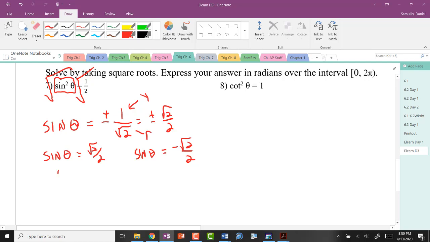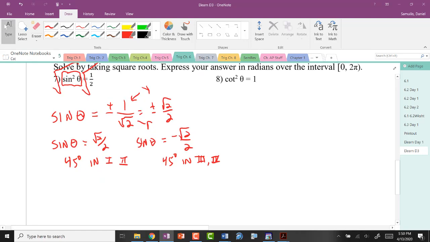So this one tells me I have a 45 in, where's sine positive? Both 1 and 2. Where's sine negative? Well, 3 and 4. So basically this just tells you you need all the 45s in 1, 2, 3, and 4.